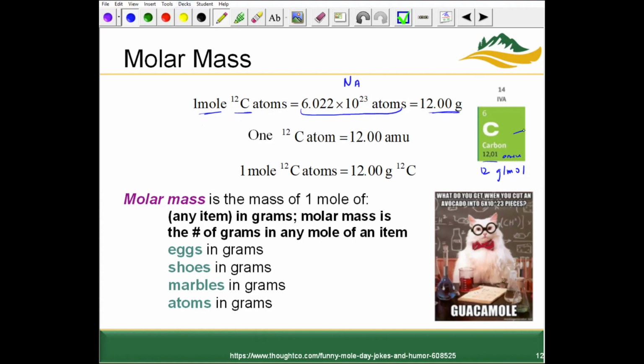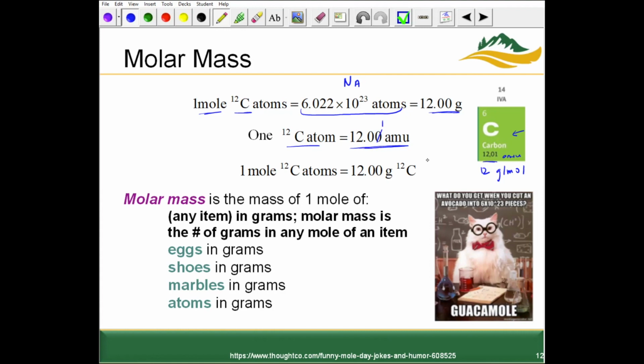On the periodic table, for 1 carbon-12 atom, we can see its average atomic mass is 12 AMU, or 12.01 AMU, depending on which version of the periodic table you look at. So 1 carbon-12 atom weighs 12 atomic mass units.